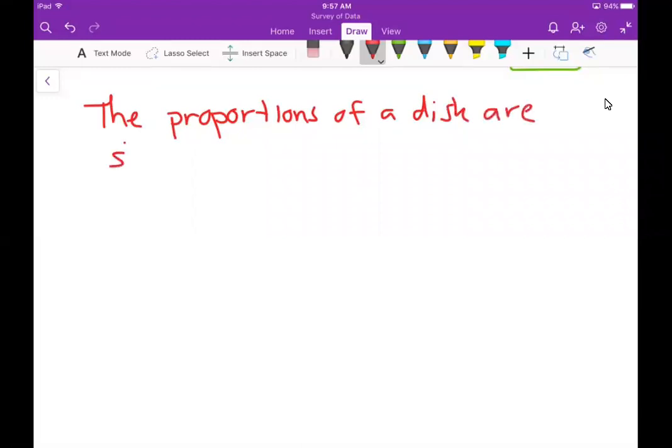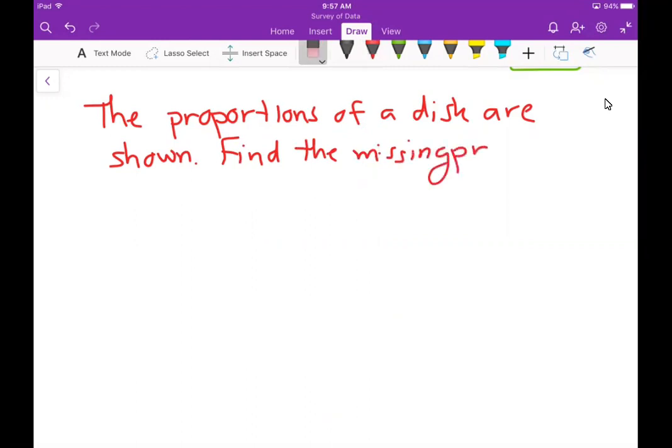We're going to draw it here in a second. And once you look at this, I want you to find the missing proportion, which is kind of what we just did, but without the visual.